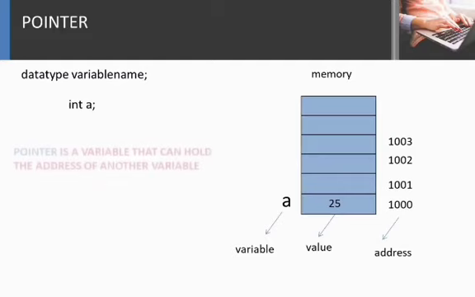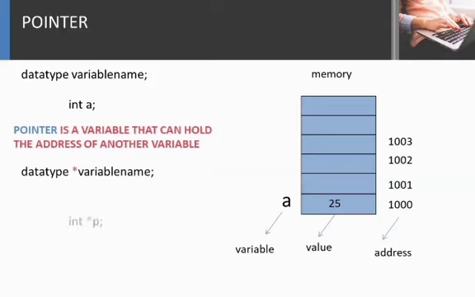That means rather than storing the value of a variable, a pointer stores the address of a variable. Okay. So here also the declaration is the same as a normal variable is declared, but we have to use a star operator here. That is, data type star variable name. So if any declaration consists of a star operator as a prefix, it shows that it is declared as a pointer variable.